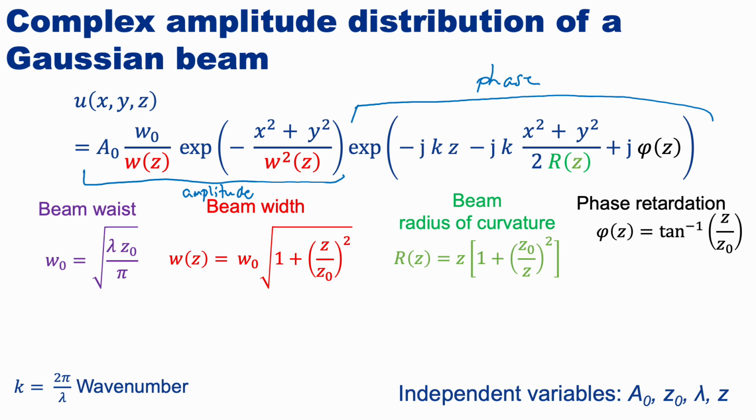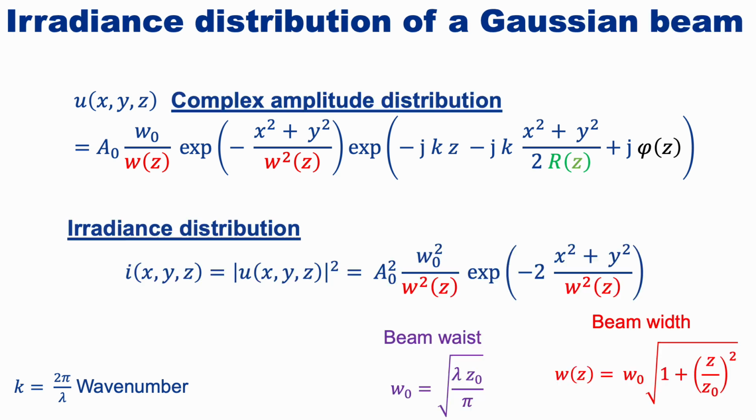Something that is important to notice is that we need 4 independent variables to define a Gaussian beam, and when we know the complex amplitude distribution, we can always get the irradiance distribution as the square of the absolute modulus of the complex amplitude distribution.